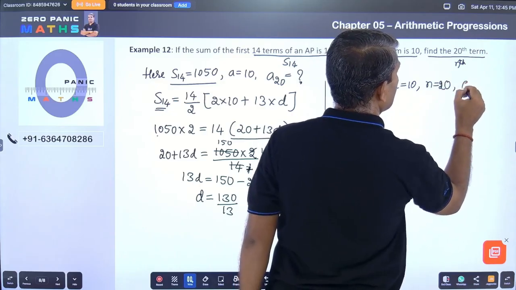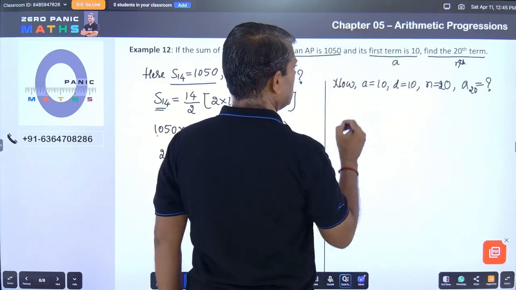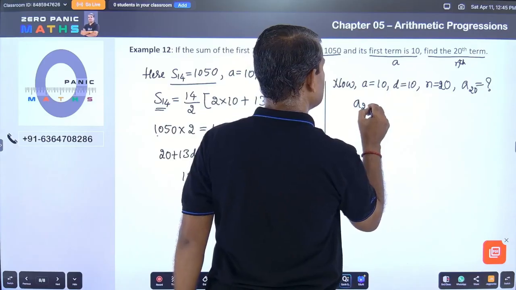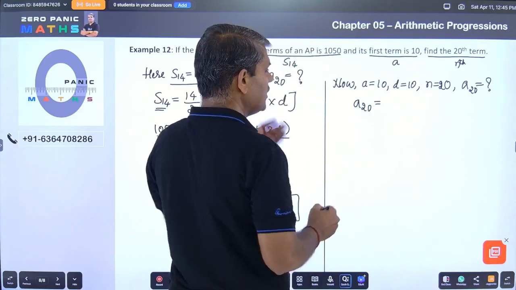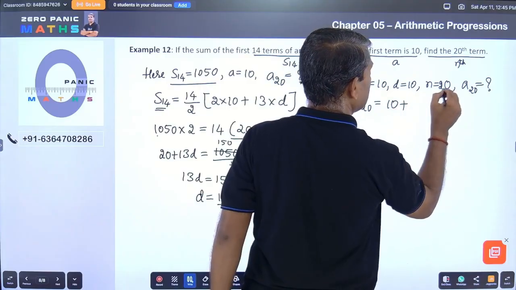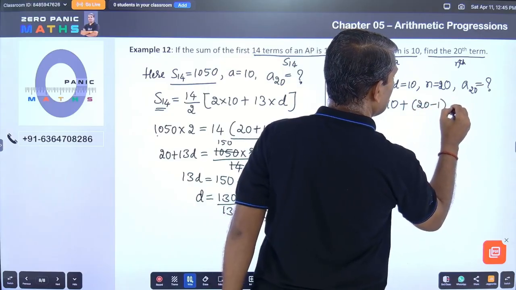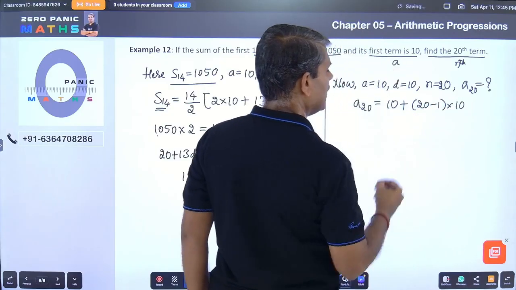So a20 is equal to a plus n minus 1 into d, that is 10 plus 20 minus 1 into d again, that is 10.